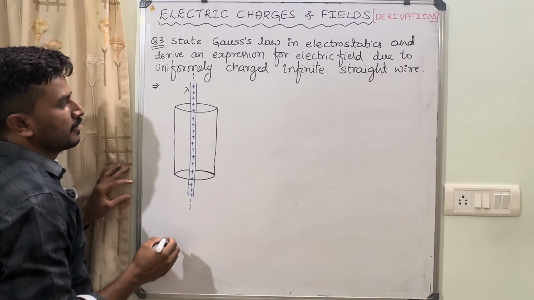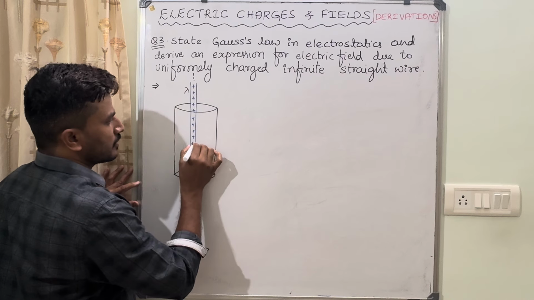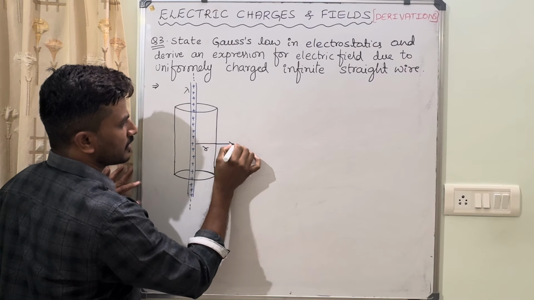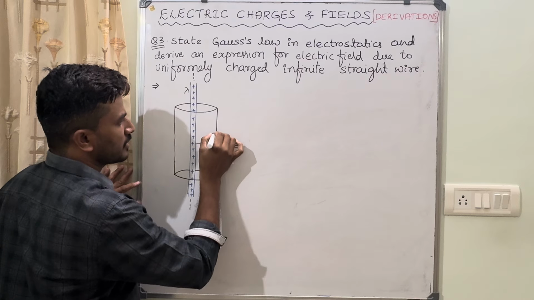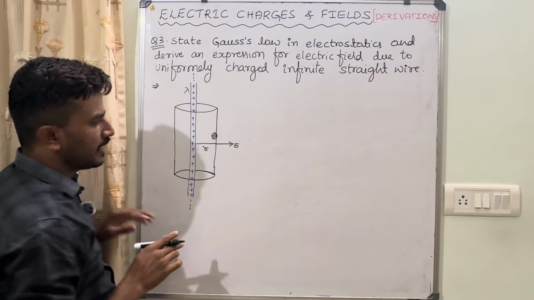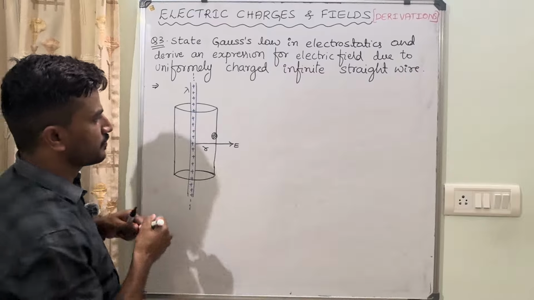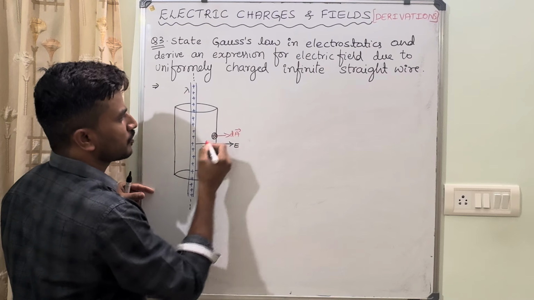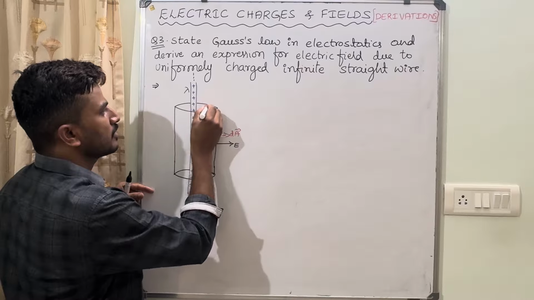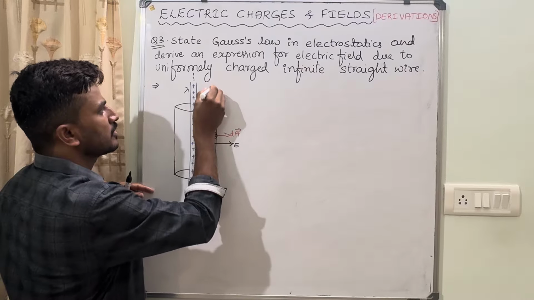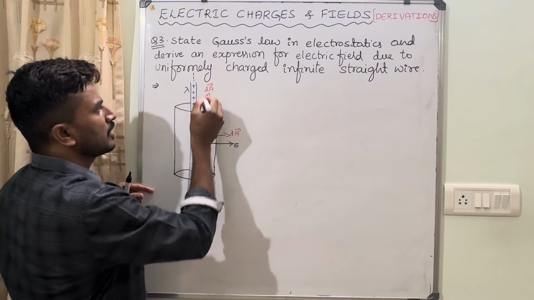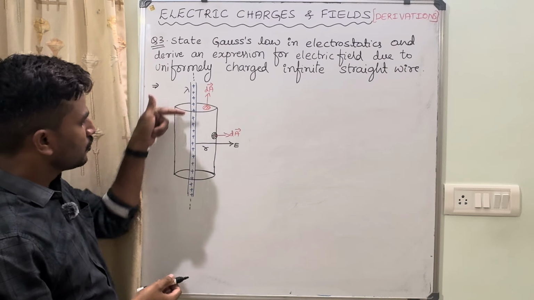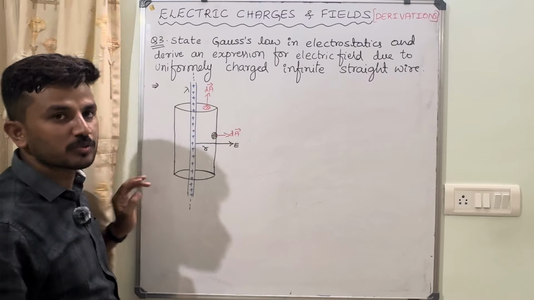Okay. Let us consider the distance from here to here is r, the electric field in this direction is E, and if you consider some area, the area vector will be outwards. If you consider here, the area vector is upwards. This is the end surface. Okay, a cylinder has 2 end surfaces and 1 curved surface.